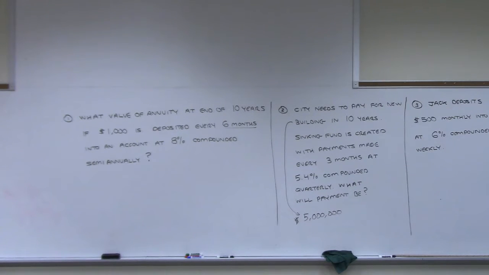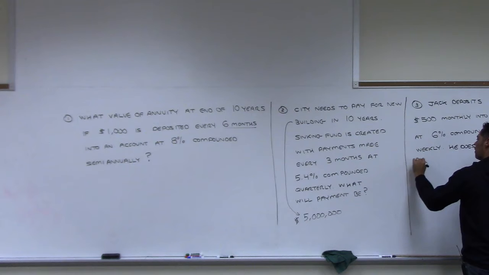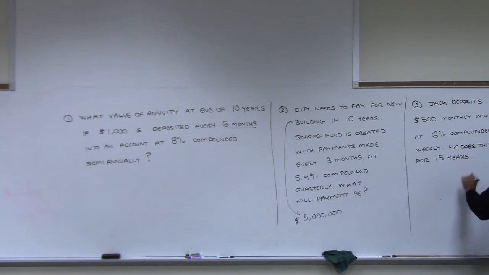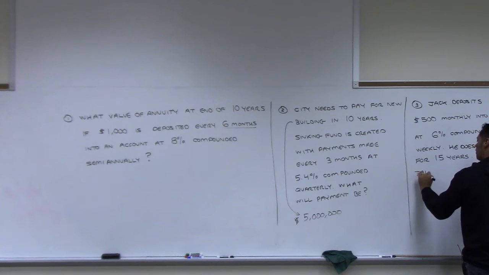So Jack deposits 500 monthly into an IRA at 6% compounded weekly. He does this for 15 years. Takes the money out.